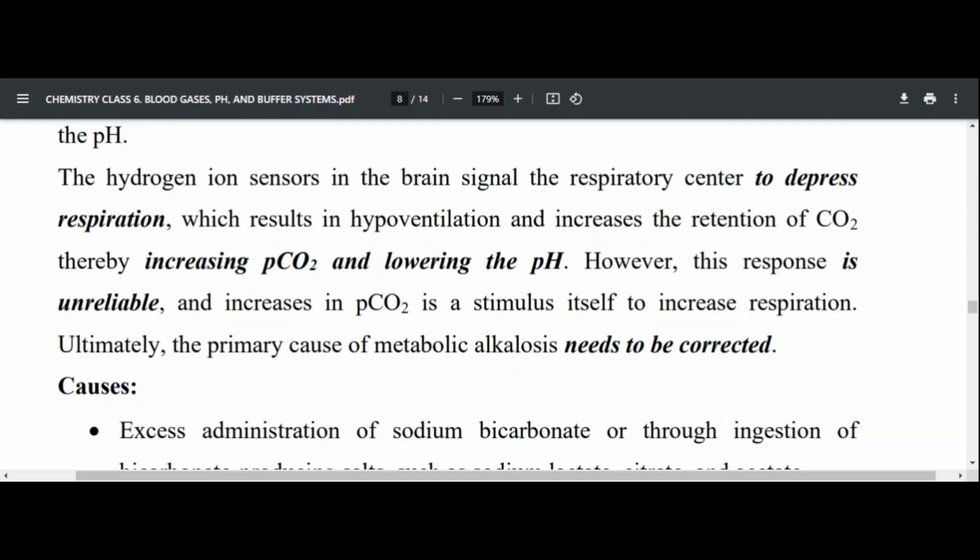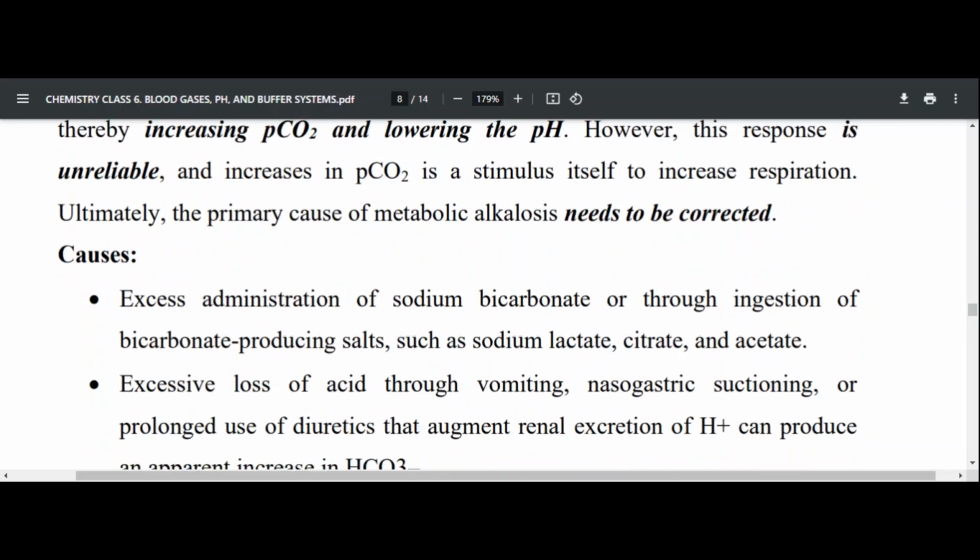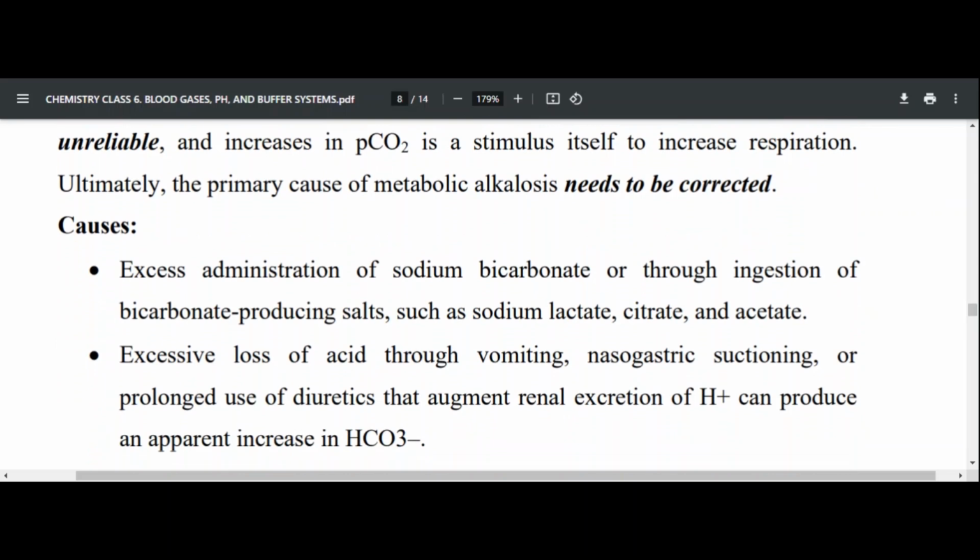The primary cause of metabolic alkalosis must be corrected, like sodium bicarbonate ingestion or excessive loss of acid like vomiting. There must be a correction somewhere else, because lungs cannot compensate fully, so they cannot restore pH at all.